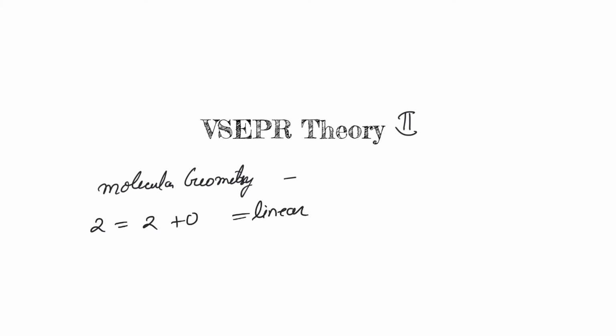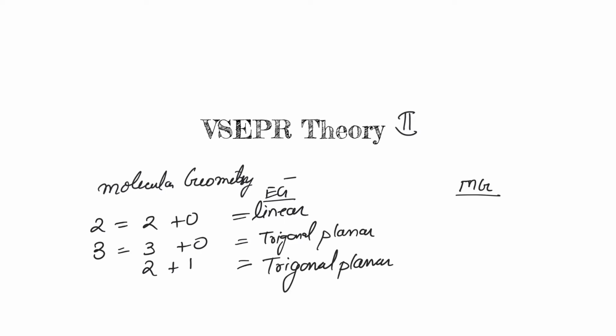Then we said if we have 3 electron groups, that could be 3 plus 0 or 2 plus 1. In both cases, the electronic geometry would be trigonal planar. We understood the rule that if there is no lone pair, then molecular geometry is going to be the same as electronic geometry. But because we have a lone pair here, this is going to be a little bit bent.